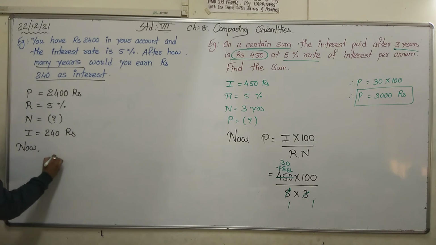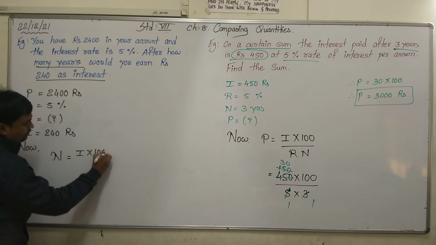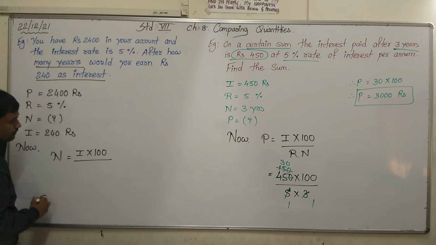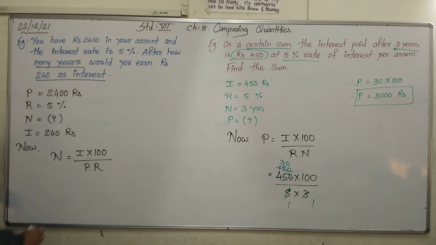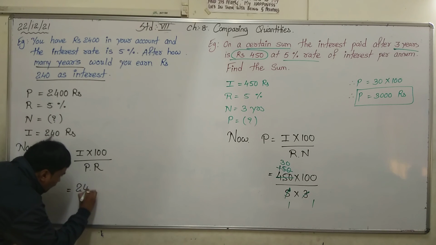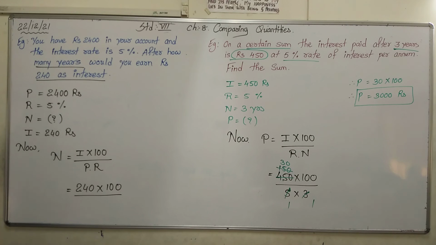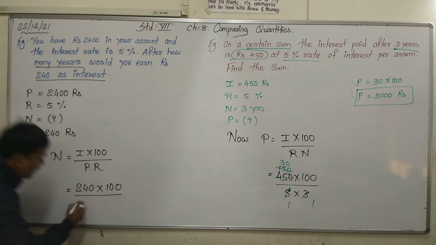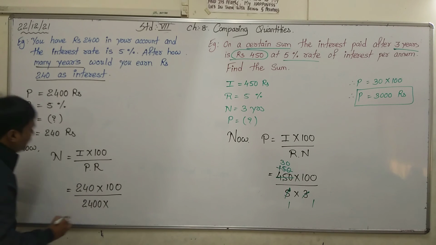What we have to find? N is equal to I multiplied by 100 upon P into R, that is 2400 multiplied by 5.